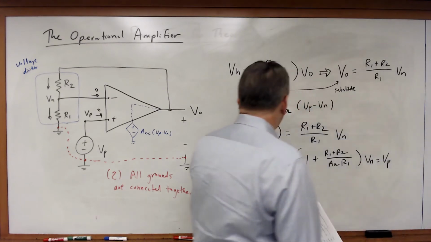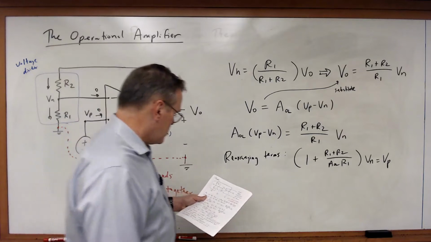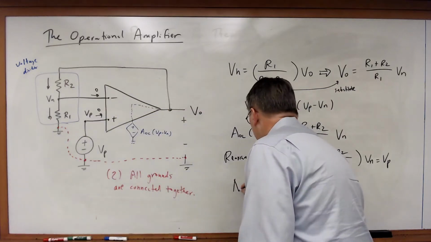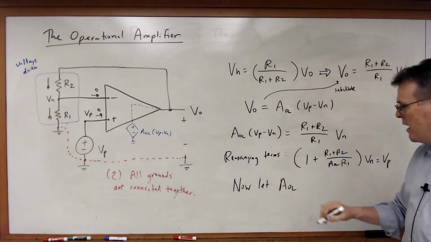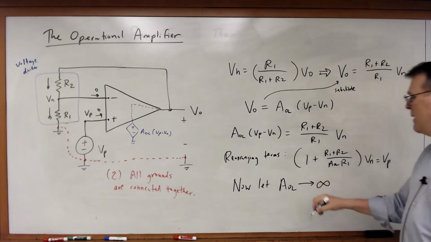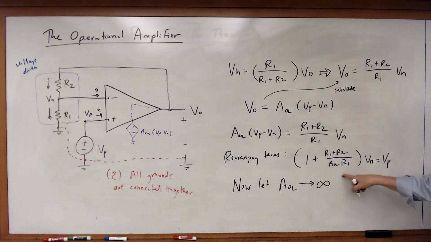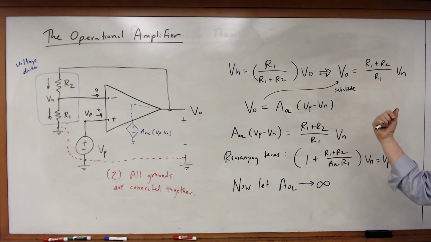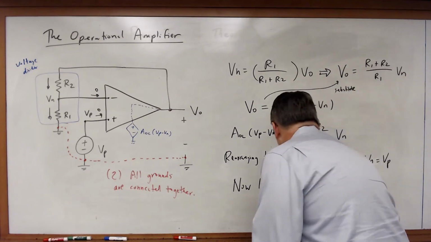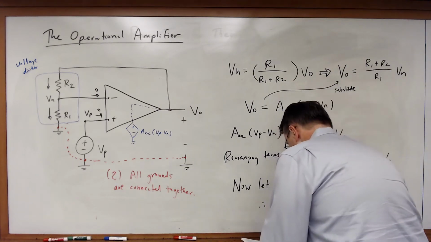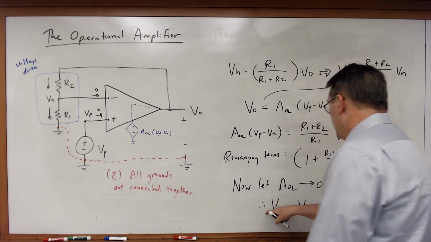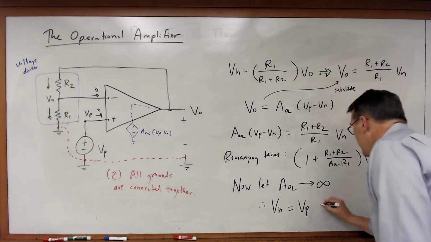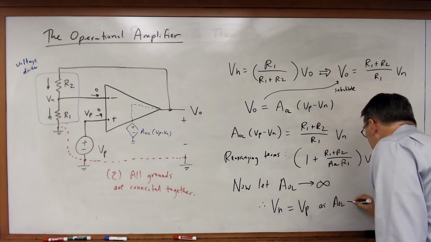Okay, so if I look at this, now let's let the open loop gain get large. Let's let it go to infinity. As it goes to infinity, the denominator of this term here goes to 0. And therefore, Vn becomes equal to Vp as the open loop gain goes to infinity.